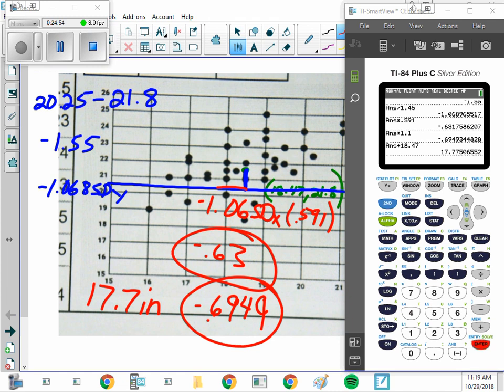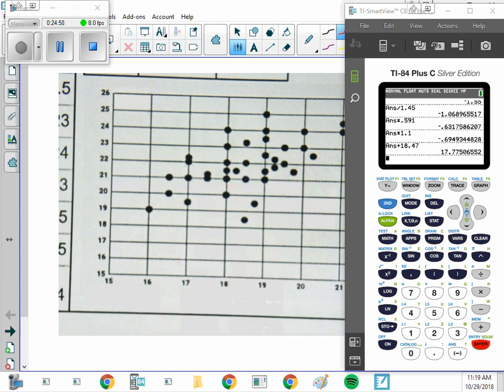Number 11. So 8, 9, and 10 are, I think they're all kind of the same. 11. If a male is in the 29th percentile for arm, what is their expected percentile for leg? So we have the arm measurement. Where is the 29th percentile?